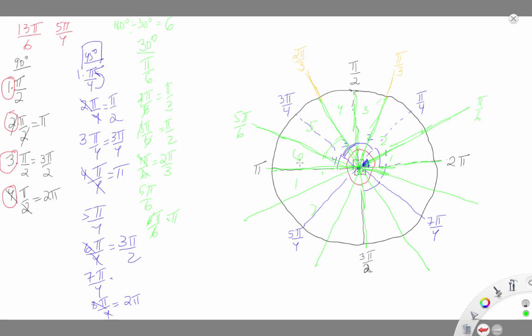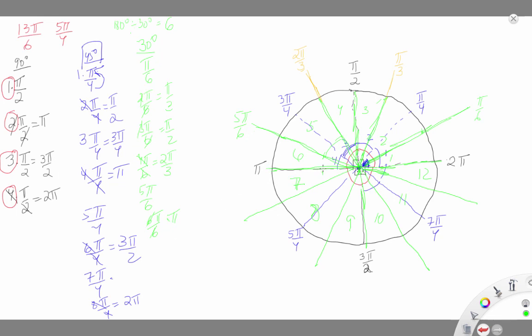I had 1, 2, 3, 4, 5, 6, but now I'm continuing here 7, 8 parts, 9 parts, 10 parts, 11 parts, 12 parts. Oh my God, my pizza has 12 pieces and each piece has 30 degrees, right? So here I reached half the pizza, which is 6 parts, right? The whole pizza has 12 pieces of 30 degrees, or 12 pieces of pi over 6, which is the same as 30. And now I have to keep going.